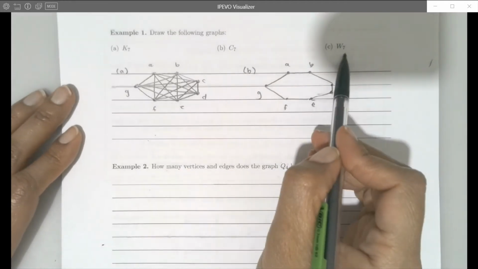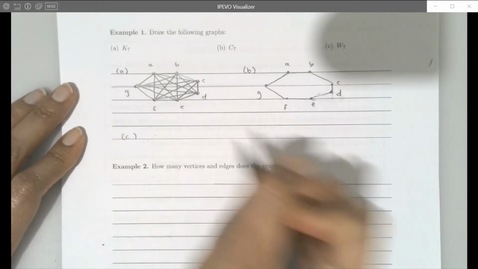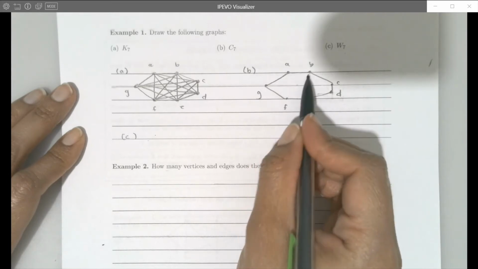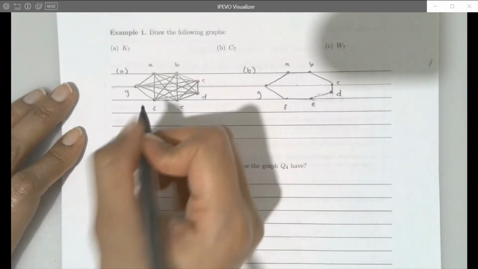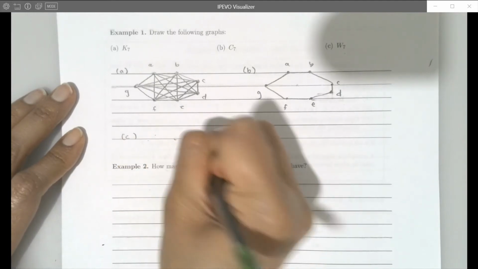Now for C, we have the wheel with 7 nodes, which is going to be pretty much the cycle with the 7 nodes and then the additional vertex at the center and all the edges that connect to it. Okay, so for W7, let me draw the 7 nodes.